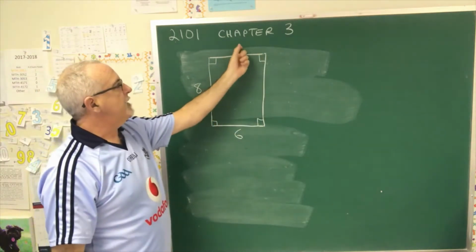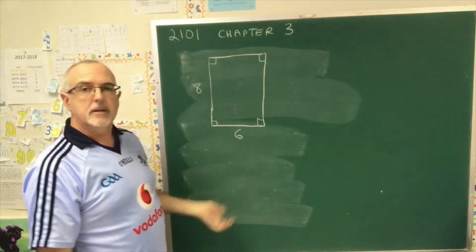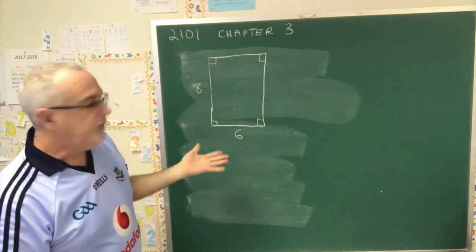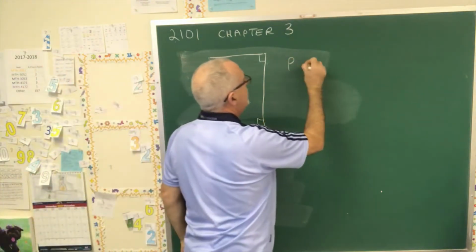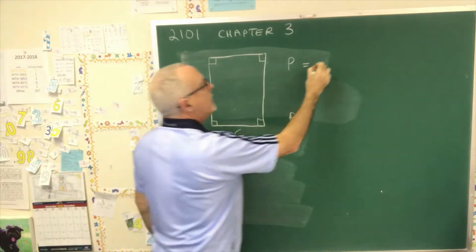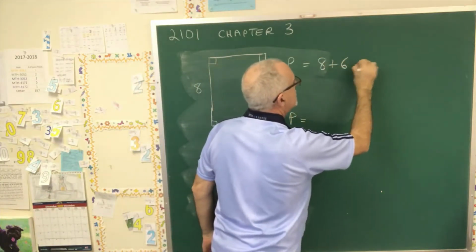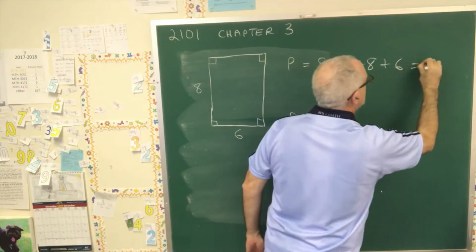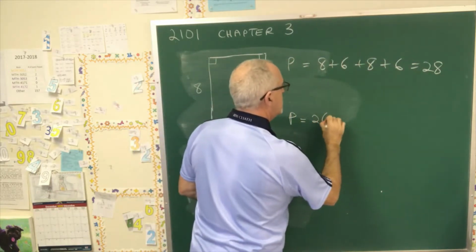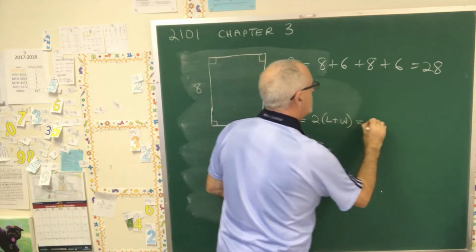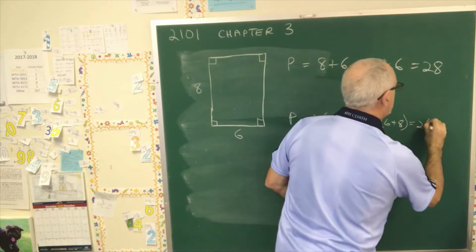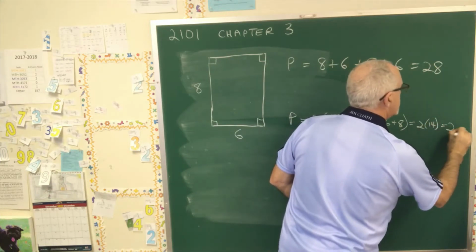That means we know this other side is 6 over here. Opposite sides are equal in a rectangle, and that means this one's 8. We're asked for the perimeter. The perimeter can be found in two ways. We can either add the sides together, or we can use a little perimeter formula, which is 2 times length plus width, which will be 2 times 6 plus 8, which is 2 times 14, which of course gives the same answer.